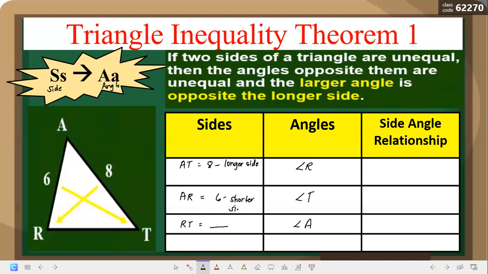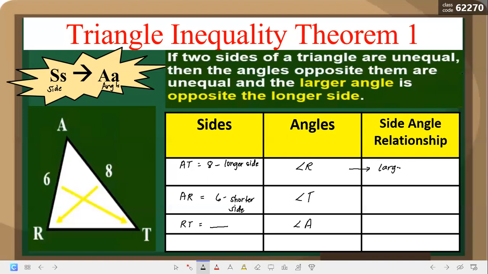So bakit hindi po natin nilagyan ng relationship or ng label yung RT kasi wala naman pong ibinigay. So again, it is mentioned here that the larger angle is opposite the longer side. So ito pong angle R is yung opposite ni AT. So therefore, this will be the larger angle, kasi siya po yung opposite ng longer side.